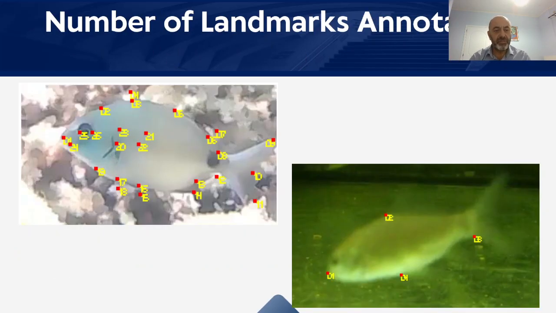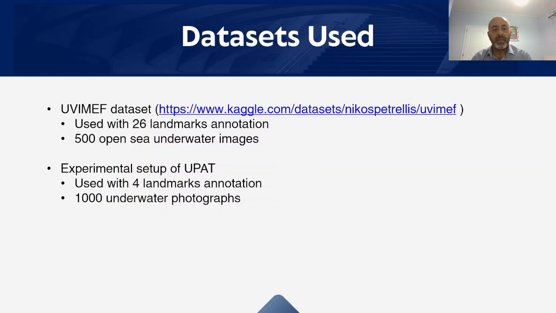Here are two photographs showing the annotations in the two datasets that we have used. On the left, we see 26 landmarks, while on the right, we see the use of 4 landmarks. Basically, they are used in this case for measuring the length of the fish and its height. The UVMF dataset is available in the Kaggle repository and was constructed by us.